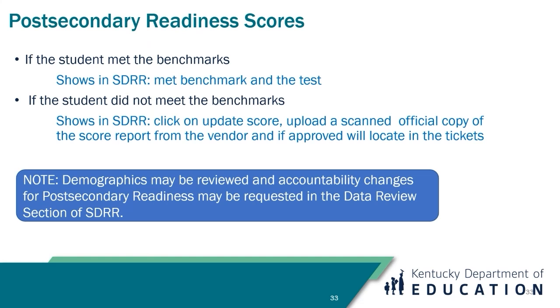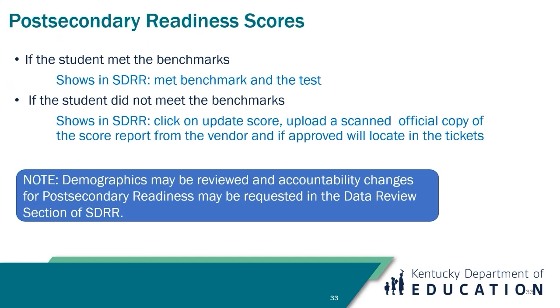If you're going to update a score, you have to have the official copy of the score report from the vendor to upload on the post-secondary readiness scores sheet in SDRR to have that approved. And of course, that's underneath post-secondary readiness scores, because remember I told you that's the only place where you'll see scores.